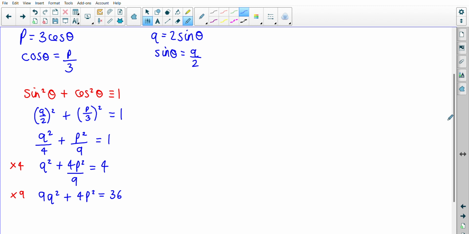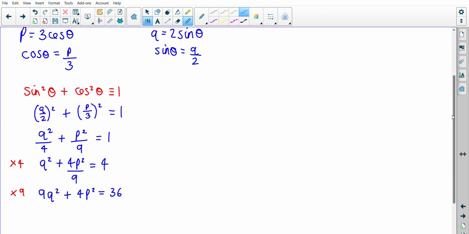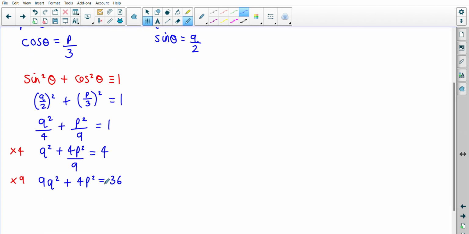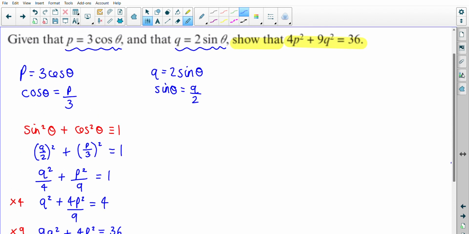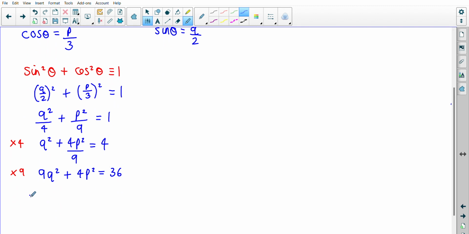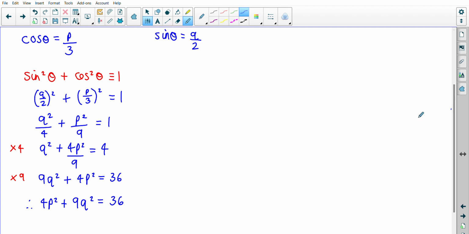Now if I compare against the question, I am right, I've just got the terms the opposite way around at the front. So I'm going to say therefore 4P squared plus 9Q squared equals 36. And I've shown, by starting off with P equals 3 cos theta and Q equals 2 sin theta, how I get to this equation.